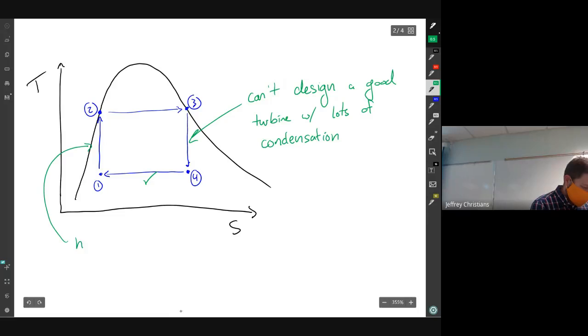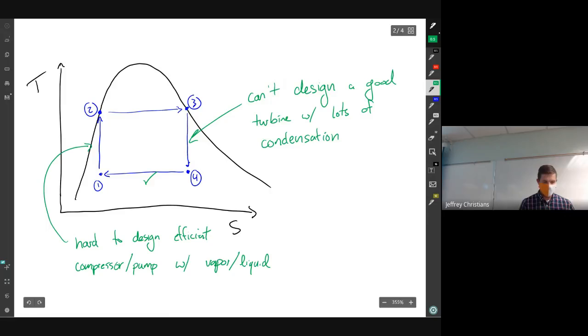So it's hard to design an efficient compressor or pump with a vapor liquid mixture.